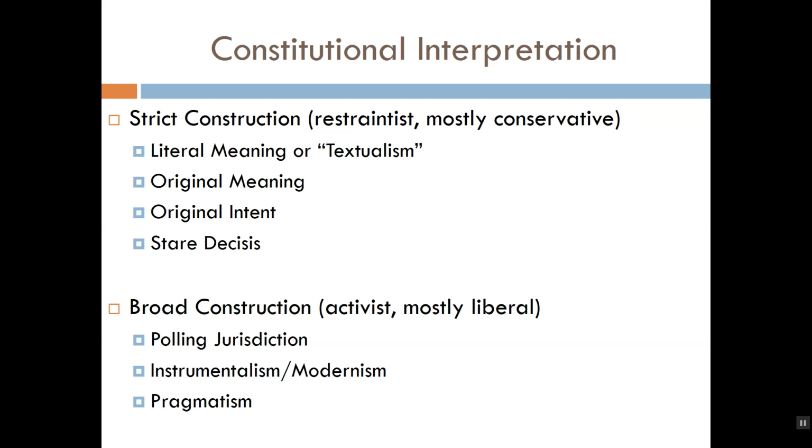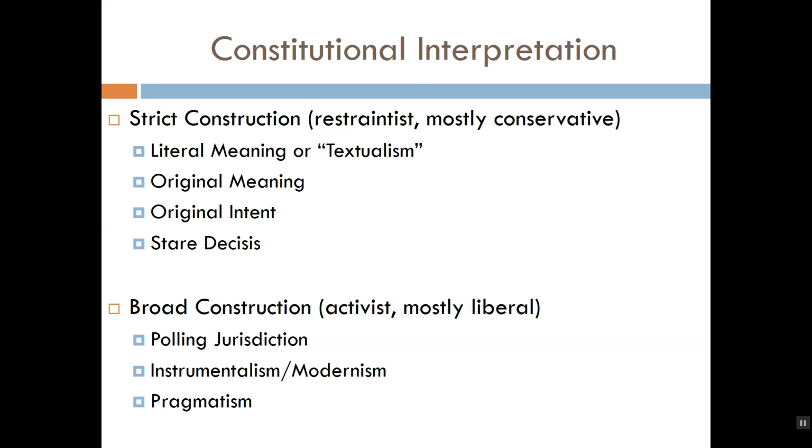So it might not be strictly constitutional in a literal sense, but if you interpret the Constitution in a way that makes its application more similar to that of South Africa, we can still benefit from this decision. And it is therefore, according to this approach, polling jurisdiction, a legitimate interpretation.